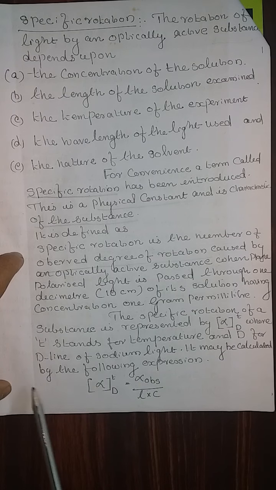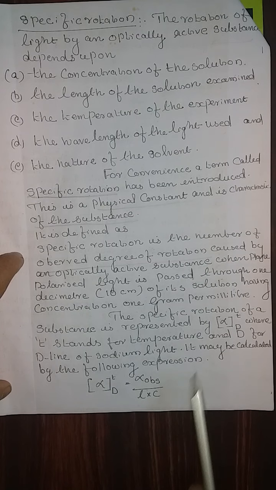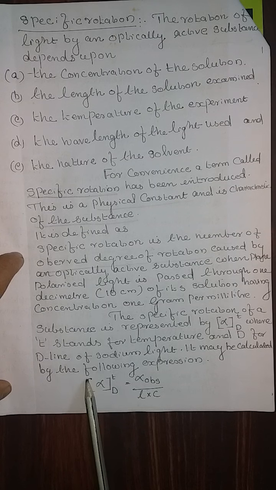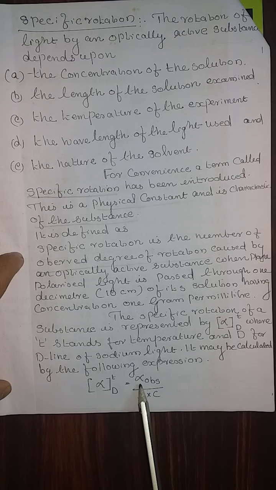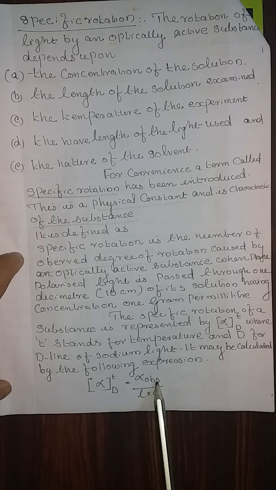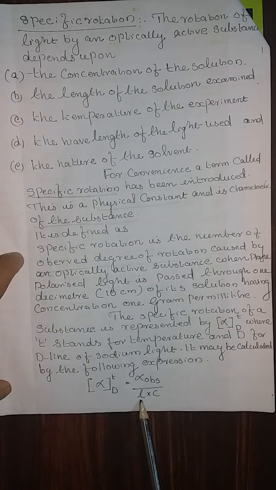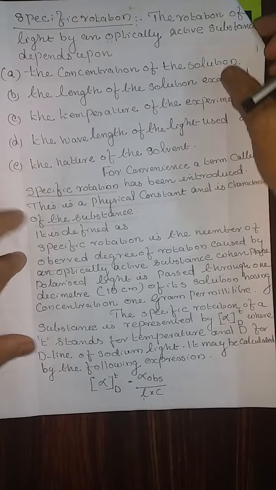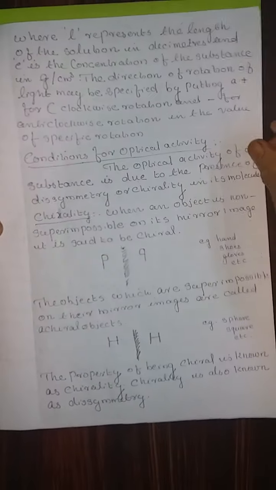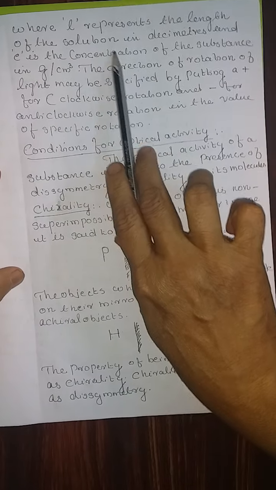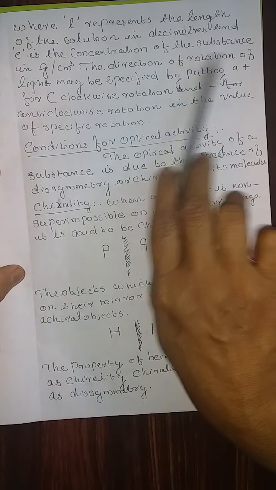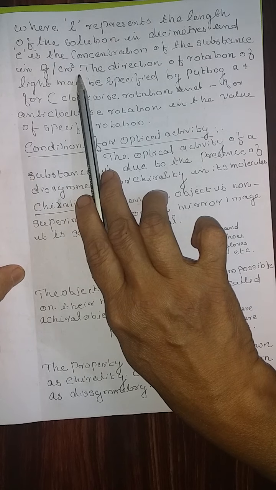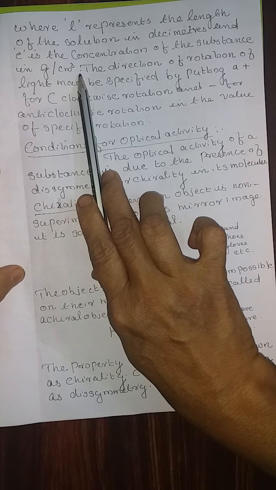It may be calculated by the following expression: specific rotation [alpha]_D^T equals alpha observed, that is from the polarimeter, divided by L into C, where L represents the length of the solution in decimeters and C is the concentration of the solution in gram per centimeter cubed.